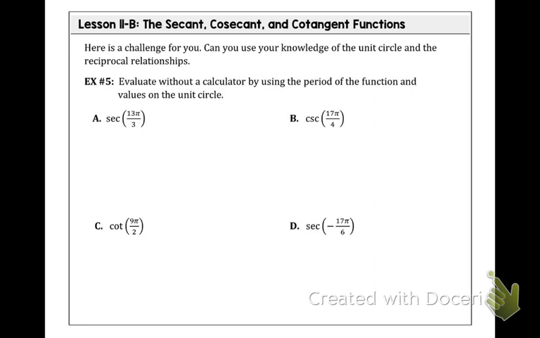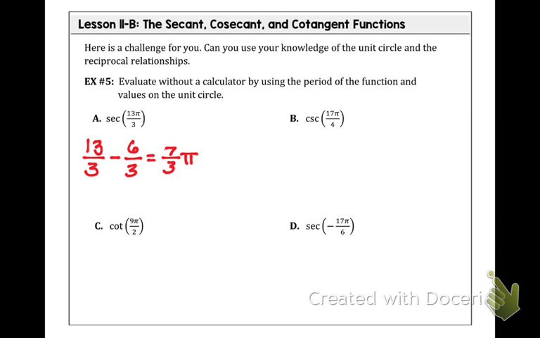The first thing I'm going to think about is where 13/3 would end up lying. If I subtract 2 full rotations, so 13/3 minus 2, which is the same as 6/3, would leave us at 7/3 of a pi.